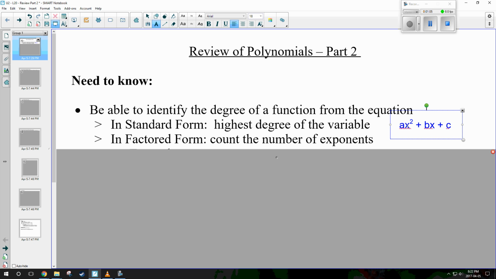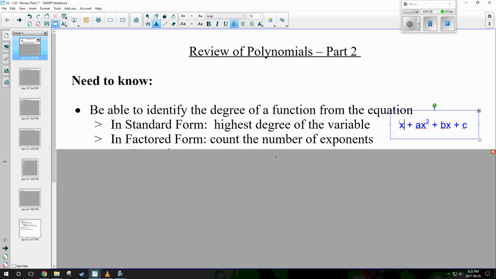Sometimes we also did one with an x cubed in there as well. So when it's in that form, that's when it's in standard form.